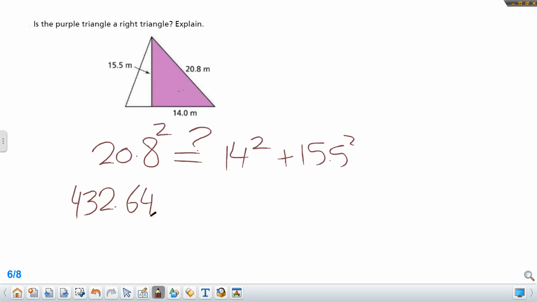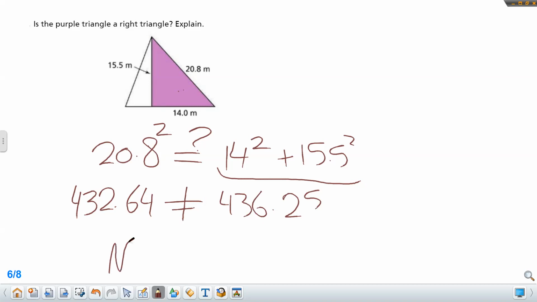And the other side, 14 power 2 plus 15.5 power 2, will be 466.25. They are equal or not? Really, they are not equal. So this triangle is not right. So the answer is no.